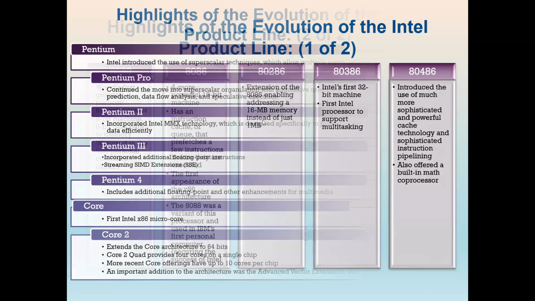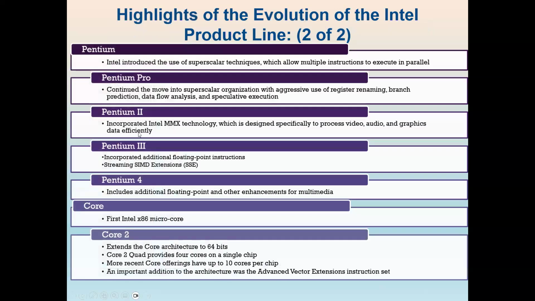Very important, superscalar enables us to do the parallel programming concept. Then also the Core, the first Intel x86 multicore. Then Core 2 extended the core architecture to 64 bits, etc.